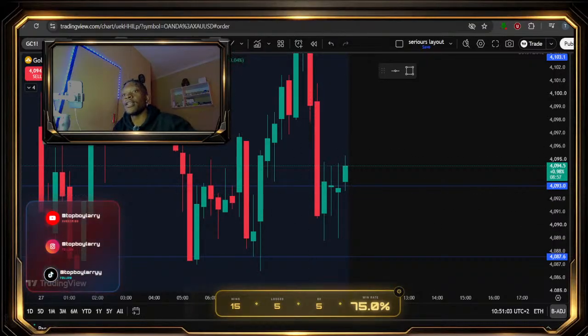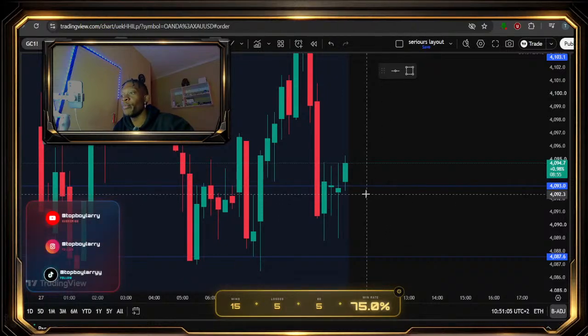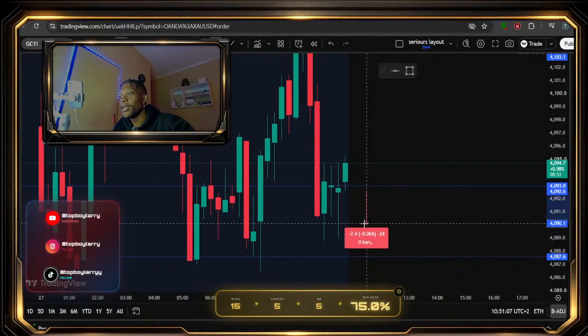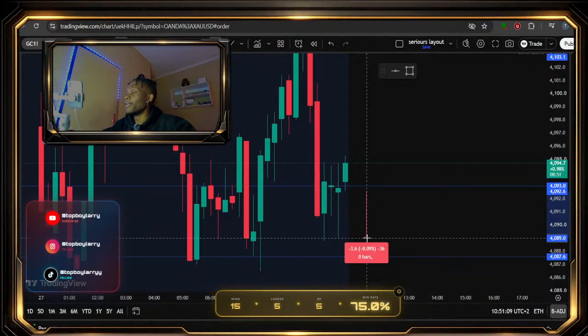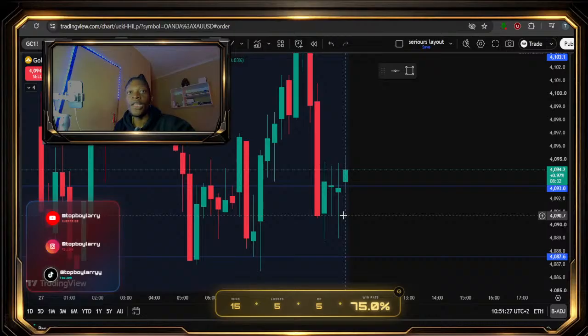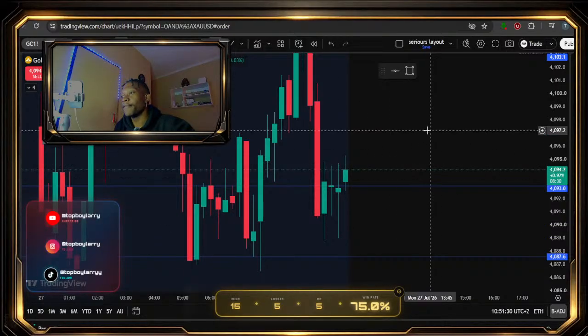Let me just check the calculator here and see how many pips this move would be if we were to enter here. A 30 pip move, if price decides to come back, maybe the sells might make sense. But guys, there's no volume, so I'm not going to enter any move here. There's no volume in the market.